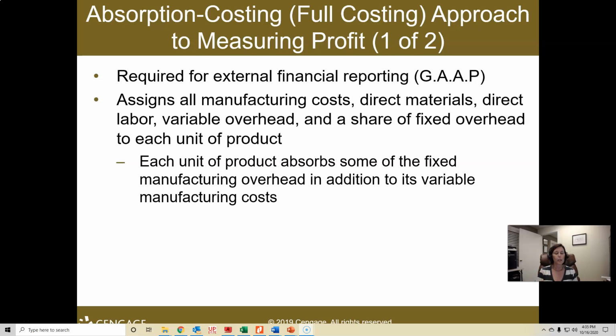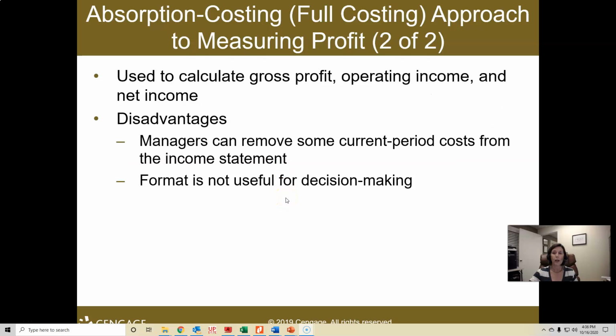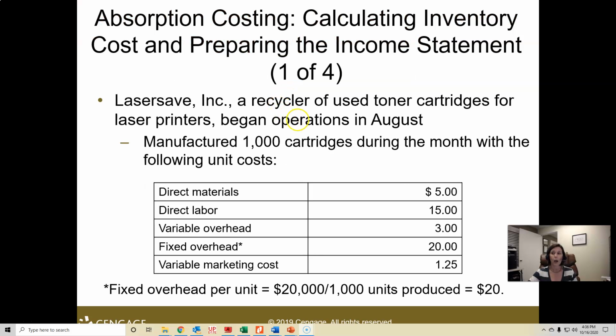And what we do is we take obviously the direct costs and assign those to the unit products, but we also then apportion the overhead to each individual product as well, so that all of the overhead costs can be ultimately apportioned to a product. So again, not particularly useful for decision making, but from a purist standpoint, it gives a more accurate representation of gross profits and operating income.